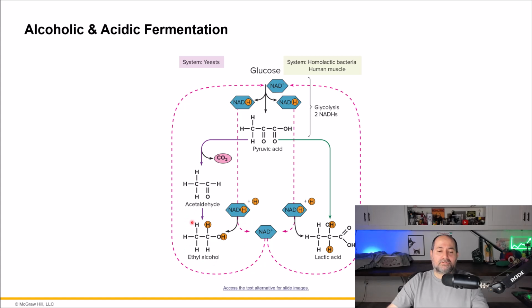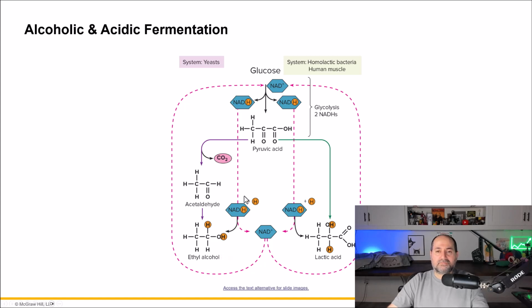But remember, the only way to make yeast produce alcohol is to deprive them of oxygen, their terminal electron acceptor, by plugging the bottle, right? Putting the cork into the barrel so that oxygen is excluded. That's the only way that ethyl alcohol or ethanol is made.